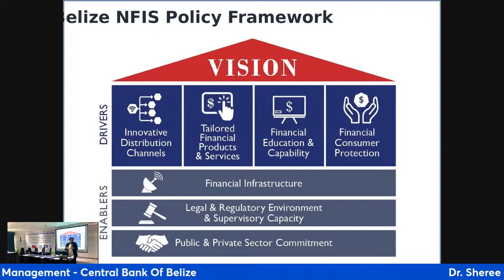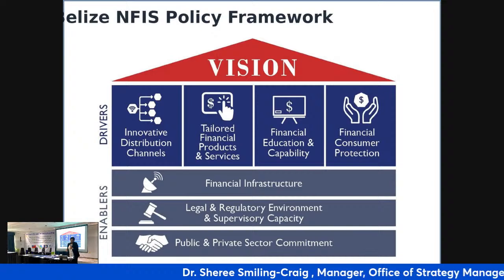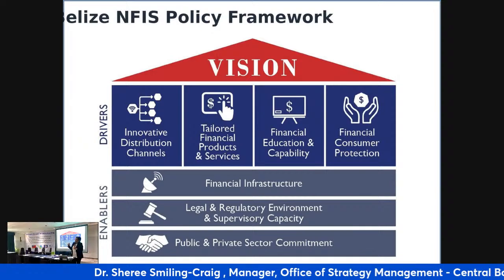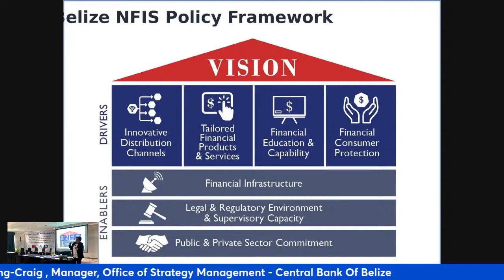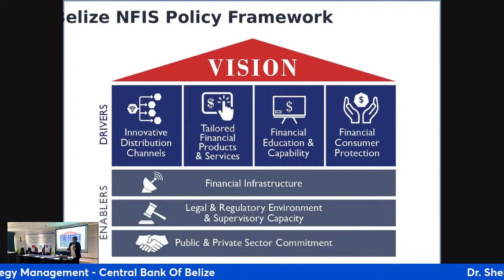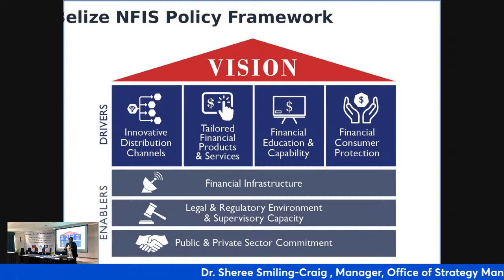Now, the drivers. We came up with 4 main pillars to drive financial inclusion. The first one, innovative distribution channels. Digi, Smart, whoever else, cable companies, whoever is providing the channels, we need that. We also need tailored financial products and services.